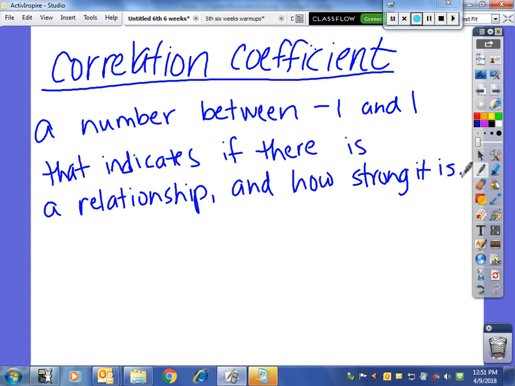So it'll tell us if there is a relationship, and if there is one, it'll tell us if it's weak or strong, just by looking at the actual value of the correlation coefficient. If you have a correlation coefficient of 0, that tells you there is no relationship, no trend, no correlation.